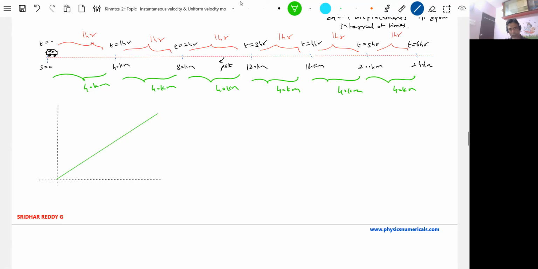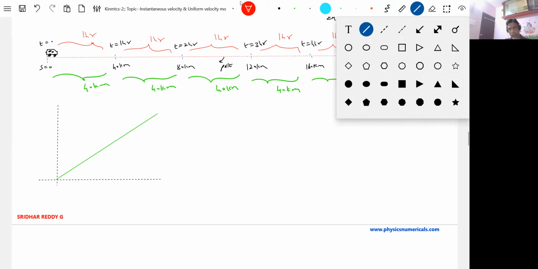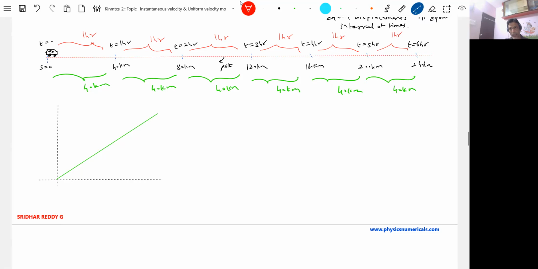Now we'll draw it. I have graph paper. Again, we have to change. This will be sufficient.